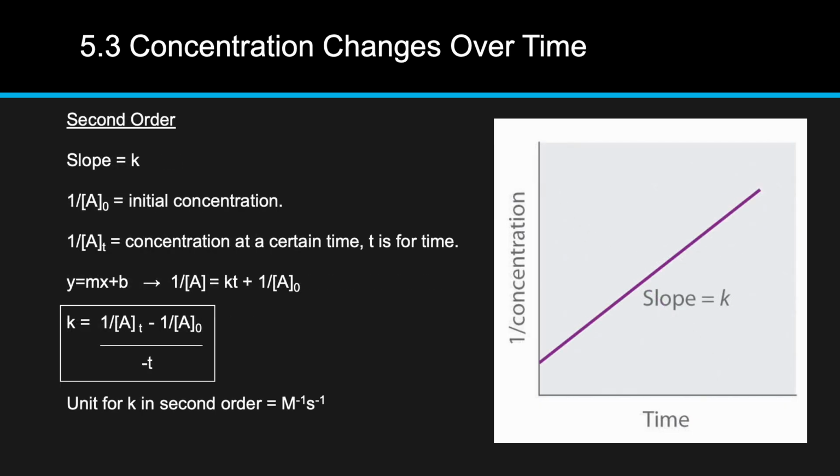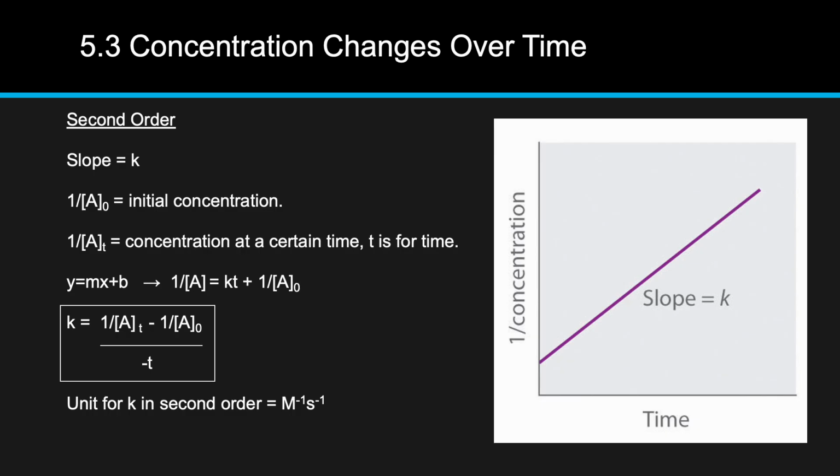All right, and then in second order reactions, the rate is going to depend on the square of the reactant concentration. So when we plot concentration versus time, it's going to decrease hyperbolically. However, if we take the reciprocal of that concentration, we are going to form a linear regression with a positive slope.